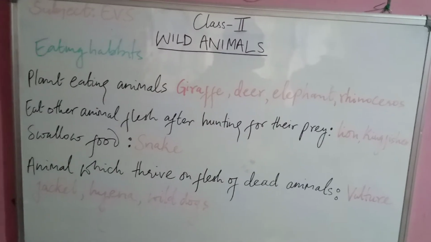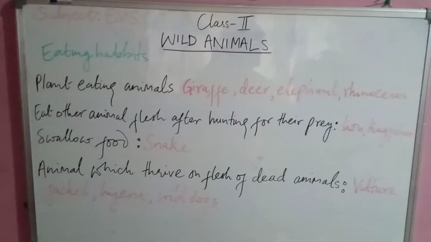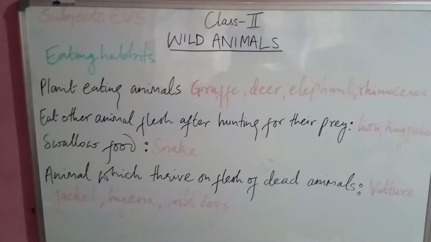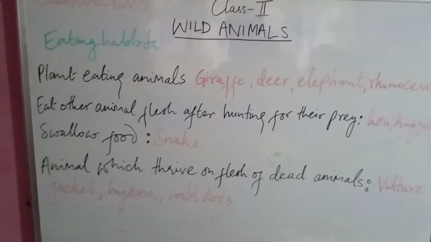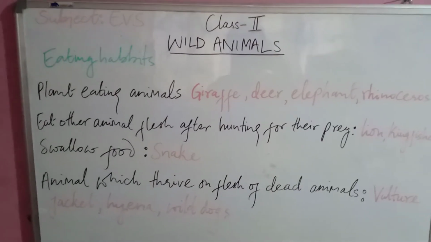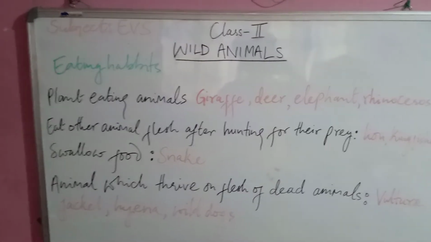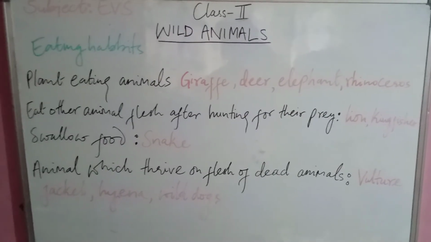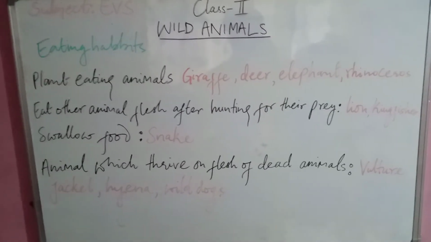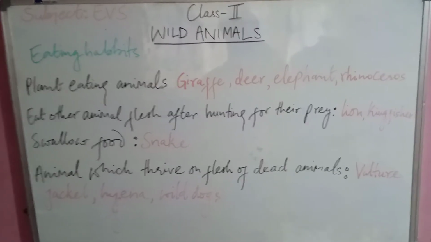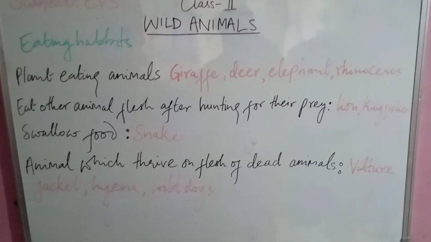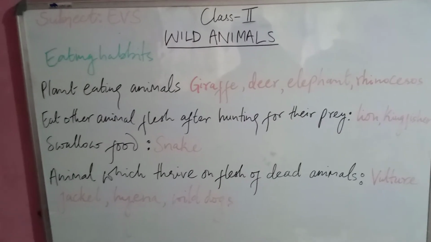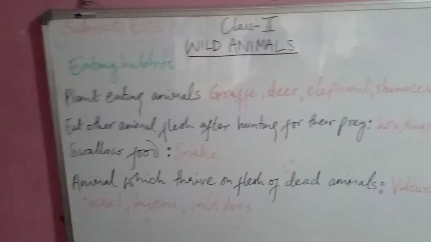Then swallow food. So what is swallow food? They swallow the whole food inside their mouth. So this will be your snake. Snakes swallow their food as a whole. So after that, animals which thrive on the flesh of dead animals, okay, that will be your vultures, jackals, hyenas, and wild dogs, because they don't hunt but they thrive on eating the flesh of dead animals, okay.